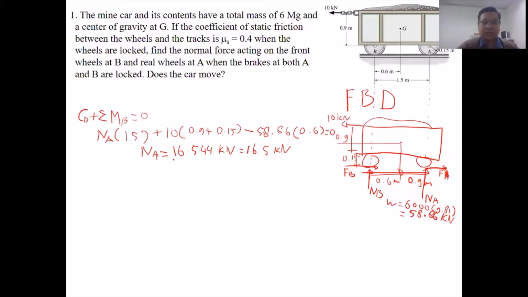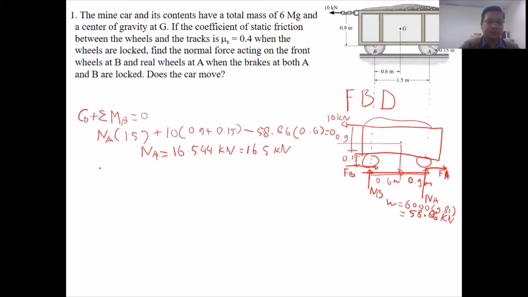Now we try to solve the other unknown in this problem. We have NB as the unknown, only one still unknown here.